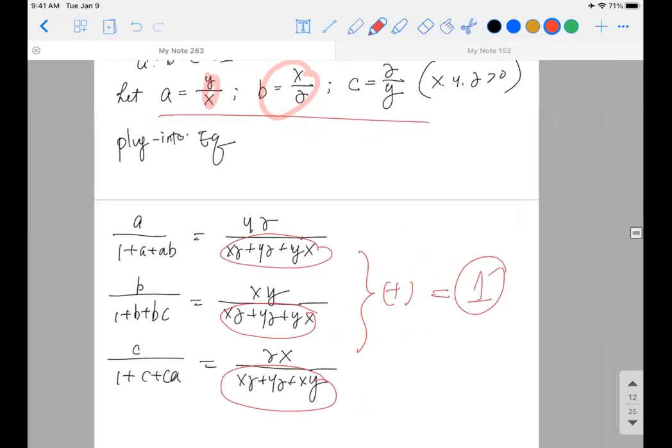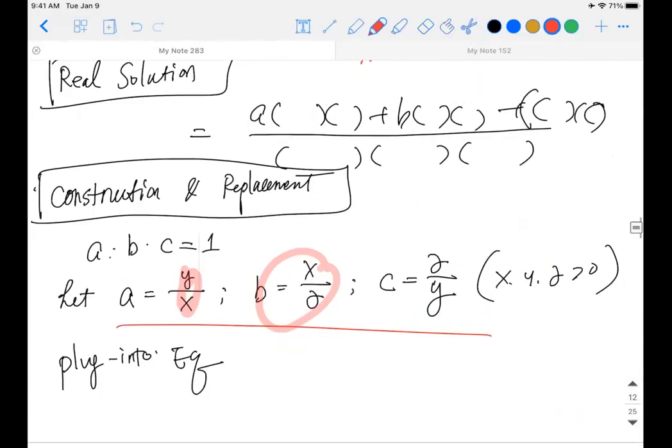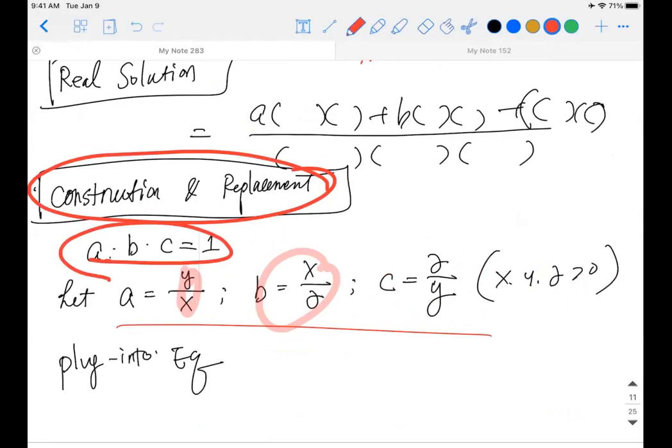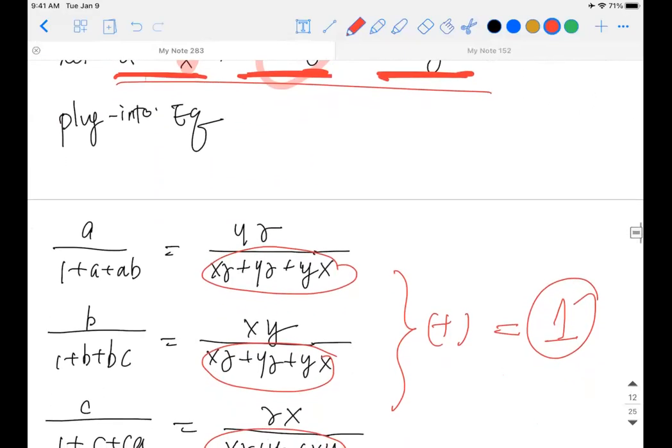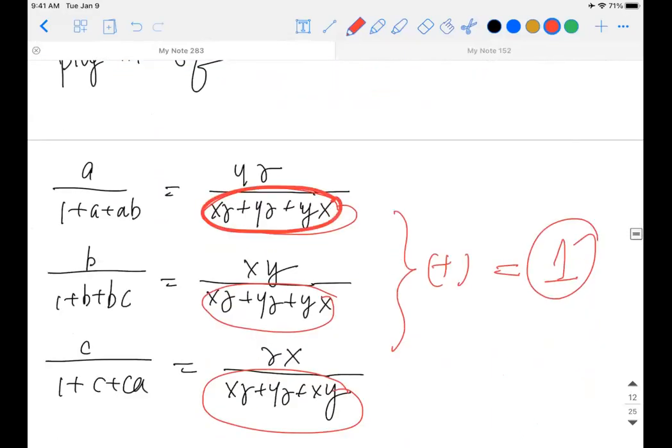But generally speaking, you want to use this construction and replacement nature. Try to see how you can make A, B, C, these three, rotationally symmetric. I think this is a very good way to maintain the rotational symmetry. As long as you plug in, you will be able to cancel a bunch of terms and make sure all the denominators are exactly the same.